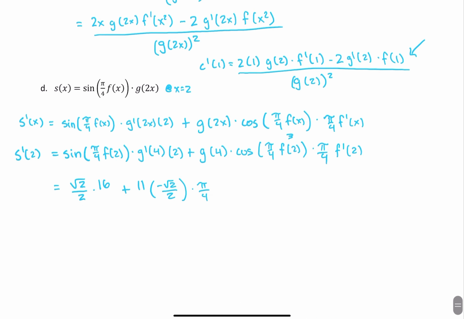So times 4. So if we simplify, we're going to get 8 square root 2. And then pi over 4 times 4 is going to be pi. So we're going to say minus 11 pi square root 2 over 2. So that's our final answer.